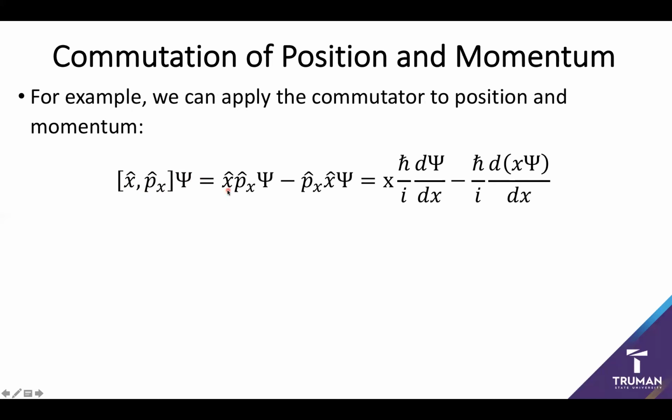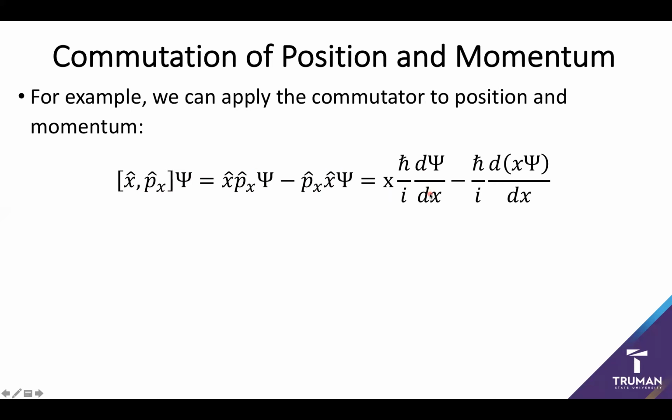When we go ahead and do this, this is going to be the same thing as taking the momentum followed by the position minus the position followed by the momentum. Now we can go ahead and put in our actual operators: x for position and the derivative with respect to x for momentum. The first one is actually fairly straightforward.